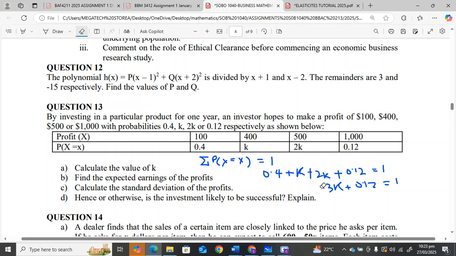So we have 3K plus 0.52. So like terms together, this 0.52 we take over the equal sign. So we're going to have 3K equals 1 minus 0.52. One minus 0.52 is 0.48.